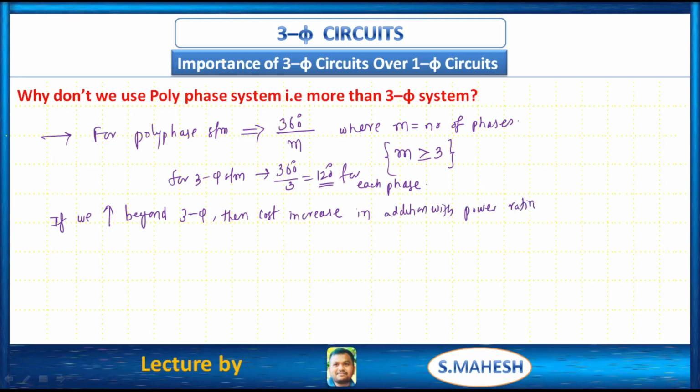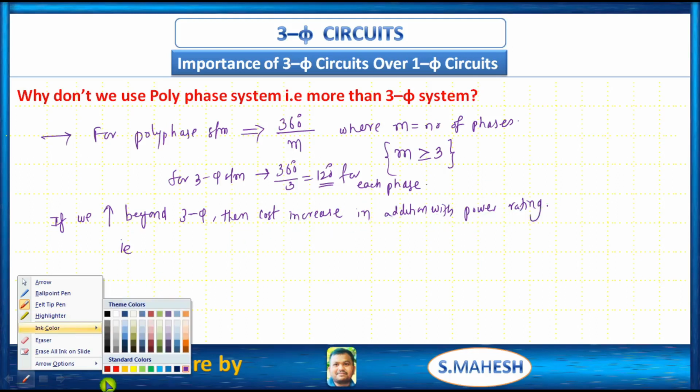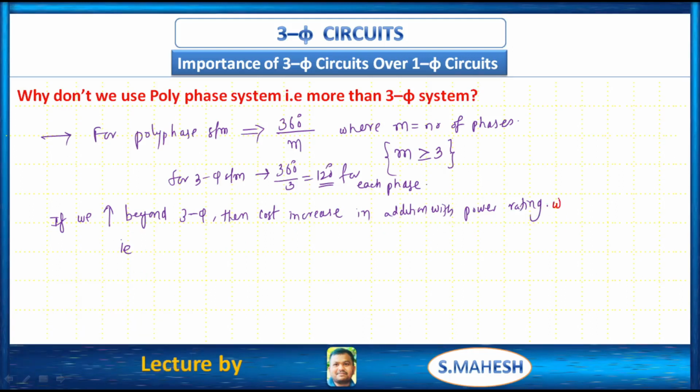Of course, we will get more power, but in addition with that power, we are having more cost. That is not at all economical, right? That is, if we increase beyond 3 phase then cost increases in addition with the power rating, which is not at all economical. That's it.